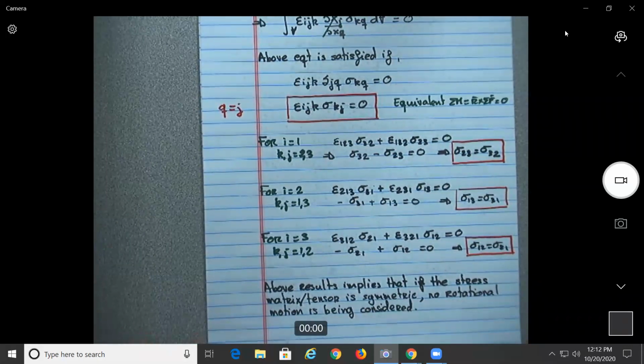So if the matrix is symmetric, we are only studying basically translation.